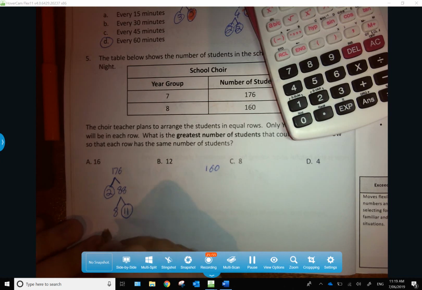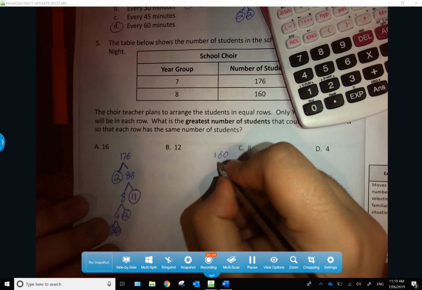What about 8? I could still break that down even more. 8 is the same as 4 times 2. Is any of those prime? Yeah, that one's a prime number. What about this one here? That's a 4. I could still keep going, so that's 2 and 2. Done. And I'm done with that factor tree.